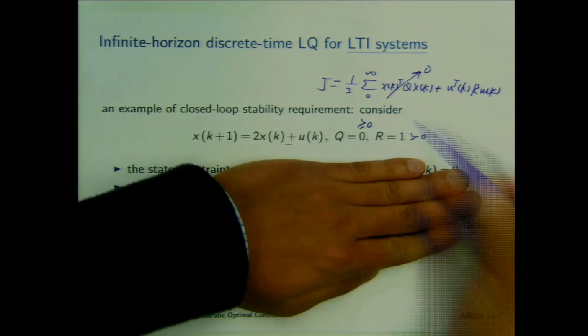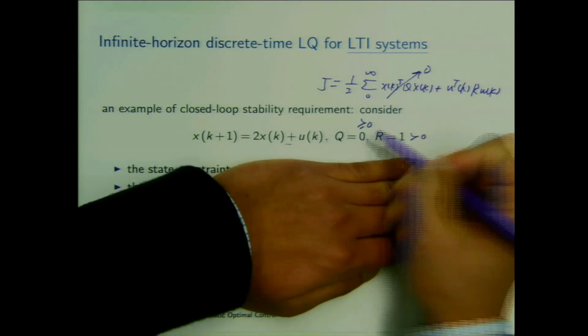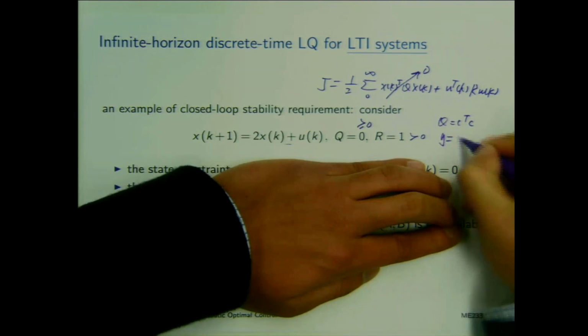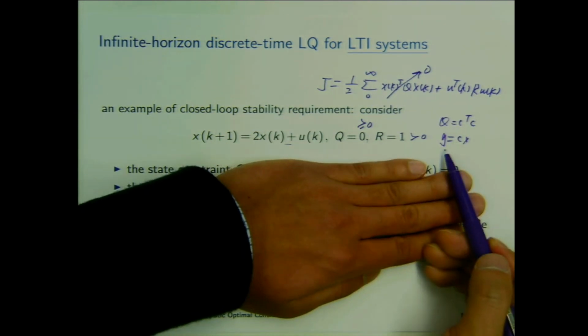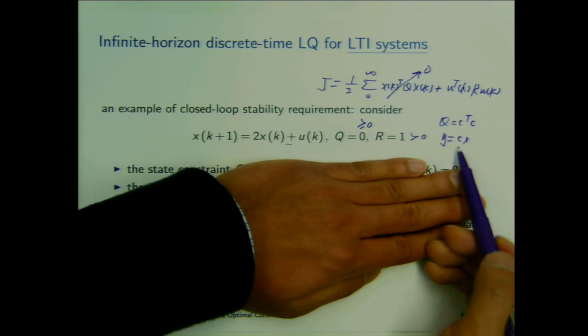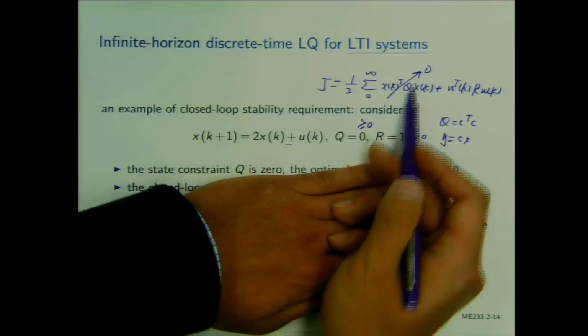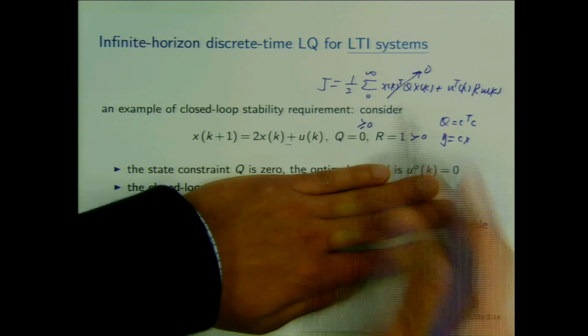And the reason for that is, again, if I define Q equals C transpose C and y equals Cx as the output, we cannot tell anything about the states because this term is 0. If we can't tell anything from the states, then there's nothing we can do in this minimization.